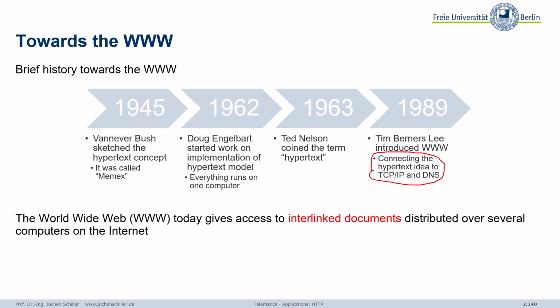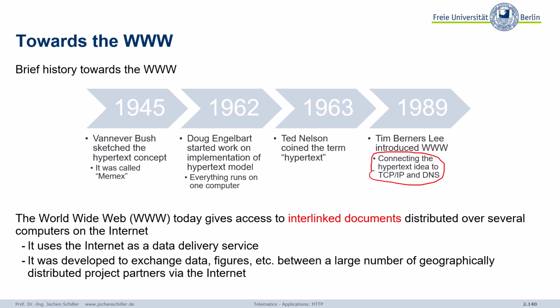At CERN, you have this huge accelerator and you have masses of data and documents. First it was all text-based, which is not really for the masses, but already then we used the internet as the data delivery service and pure text, and then it was further developed, and it started with the first graphical user interfaces, Mosaic, Netscape, Internet Explorer.